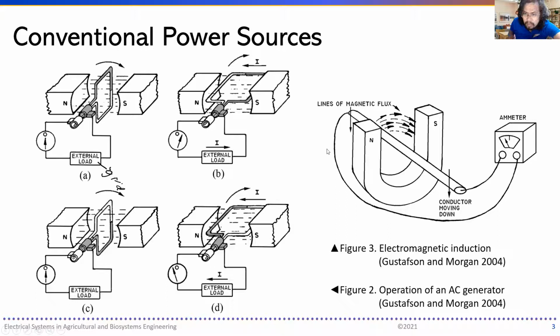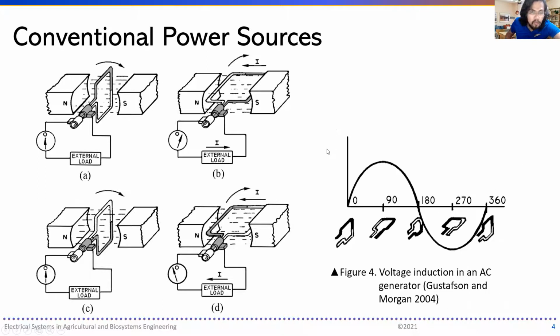Now let's proceed with what happens, or what it looks like, when we measure the voltage across this loop. In figure 4, we see the voltage induced by the rotation of the loop between the two poles of the magnets, across the magnetic field.